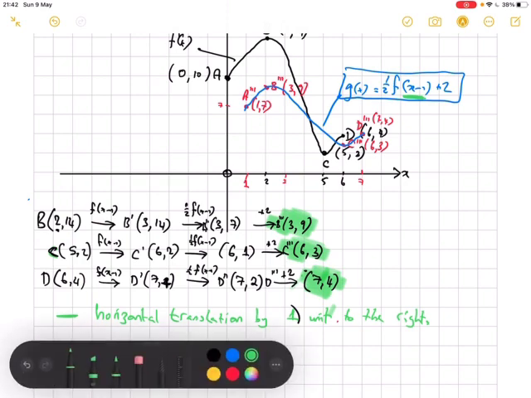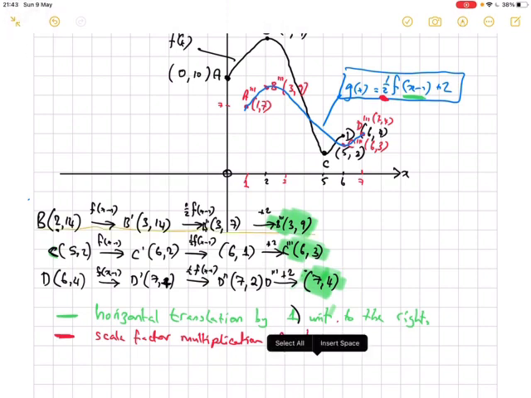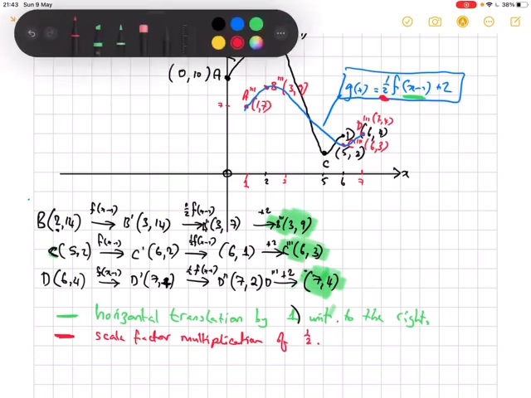Let's choose red for the half on the outside here. So this half is a scale factor, a multiplication of 1/2, and the plus 2, let's do that in yellow.